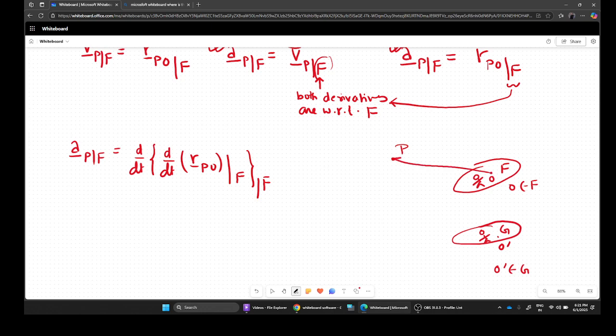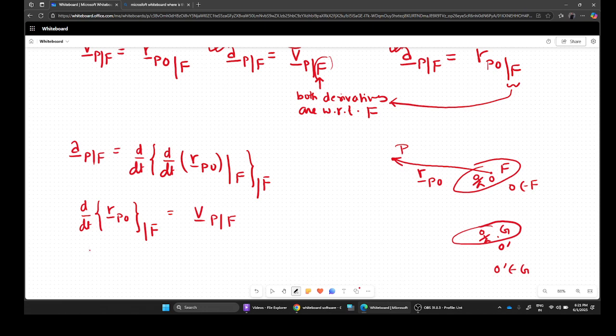Now suppose this is the position vector that the first observer from frame F is reporting, measuring. He can define a quantity like this, which will be the velocity of particle with respect to frame F.